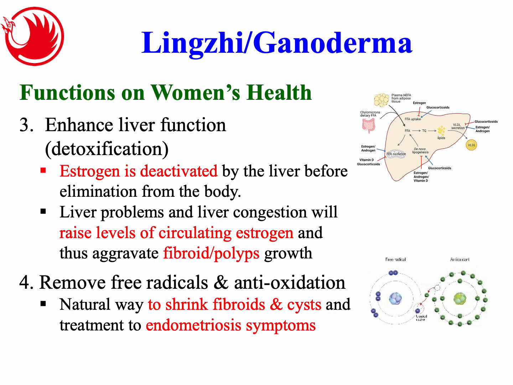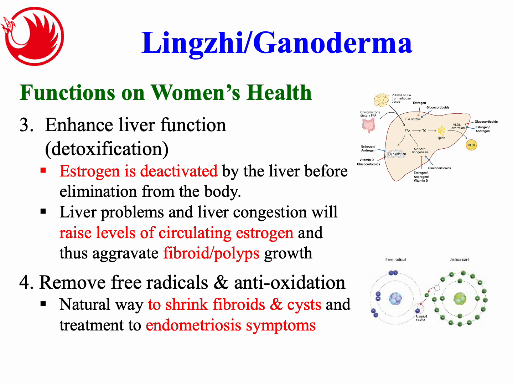The benefit is that taking linzer will prevent a high level of circulating estrogen, which causes fibroid and polyp growth. Consuming linzer also helps to remove free radicals and provides an antioxidant effect.